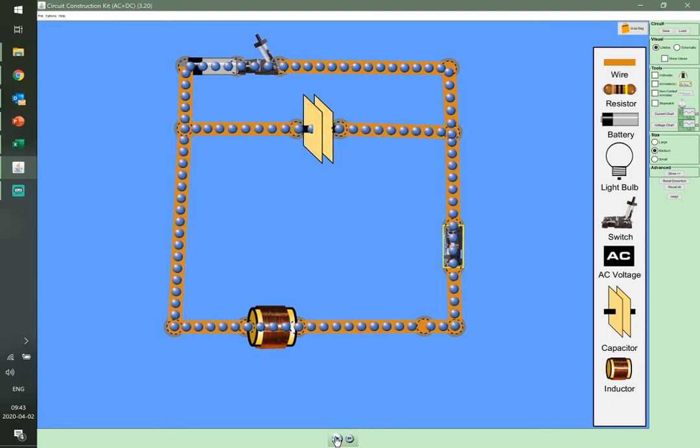But now that the capacitor is discharged, there's a bit of current that's going through the circuit. So what the inductor does is try to maintain that same current. So the current continues to flow.